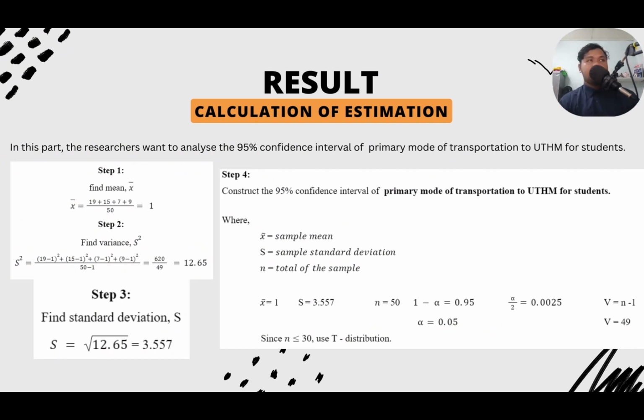Now the total respondent in one part, which is like 19, 57 and 9, we're gonna minus by 1, and power of 2, plus all the answers on the question, and divide by 50 minus 1, which is n minus 1, and you're gonna get 620 divide by 49, and the variance is 12.65. The next step is to find the standard deviation.